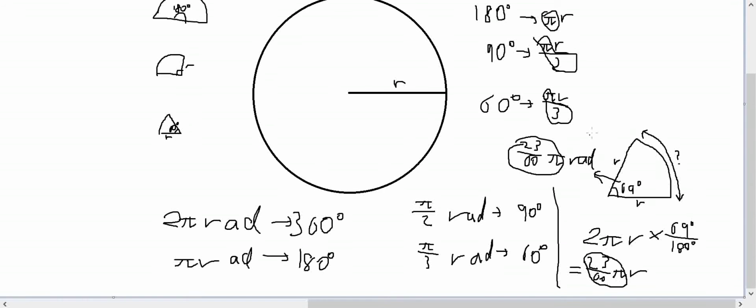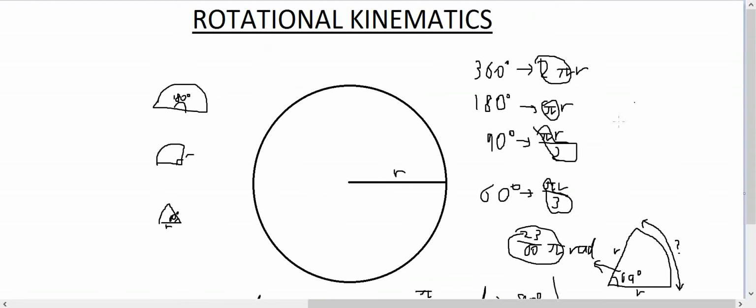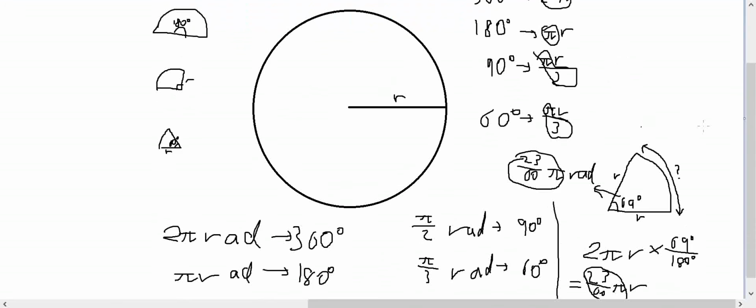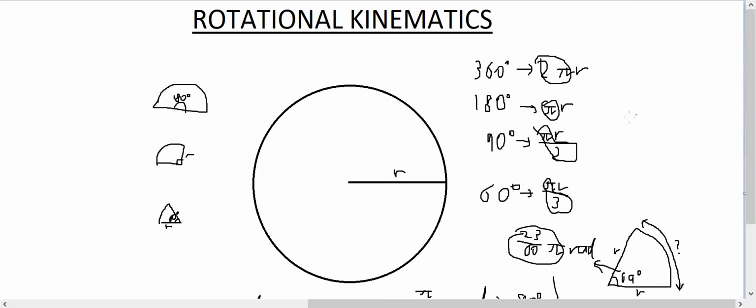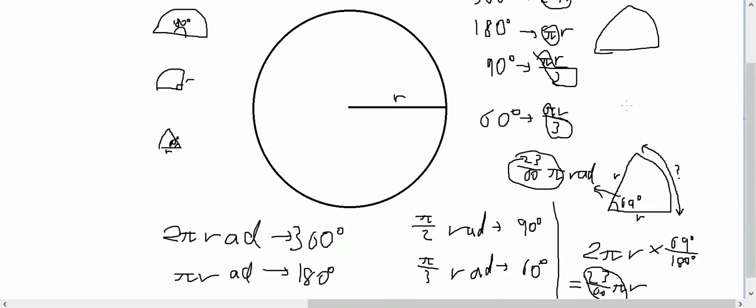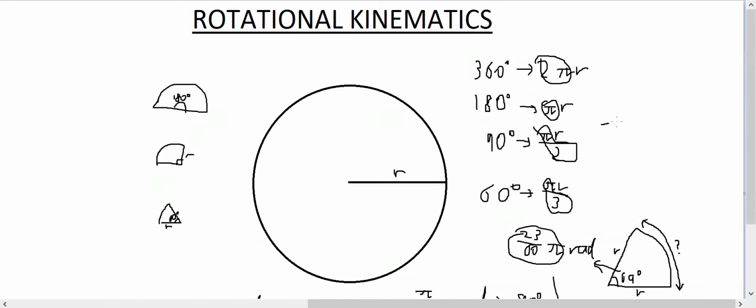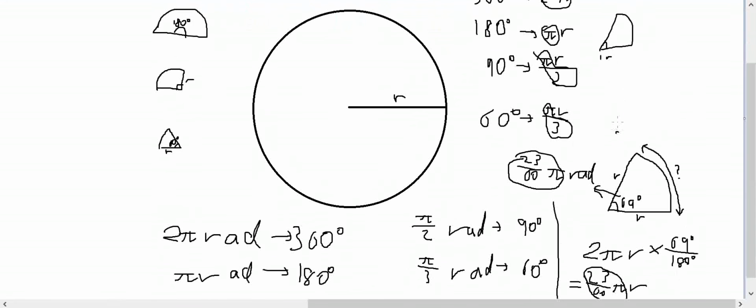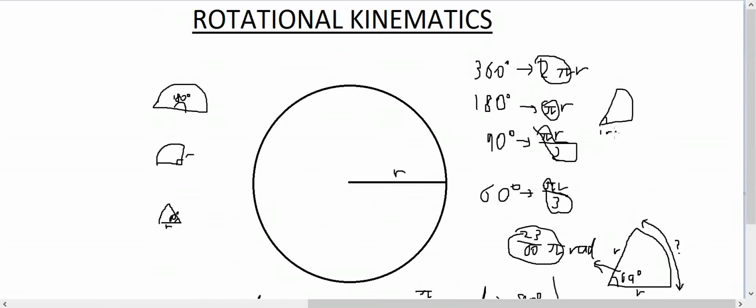And fun fact, right? Let's say this is 1 radian.